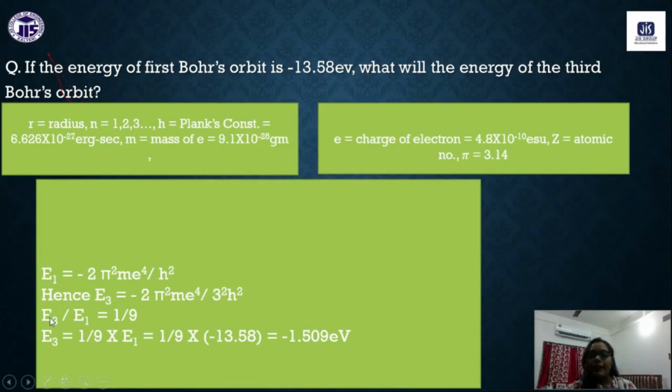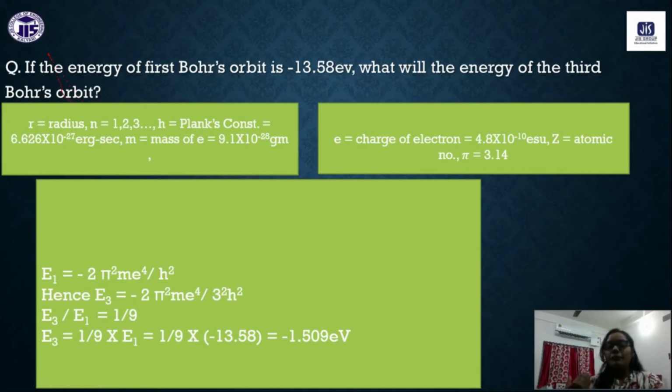E3 means the energy of the orbit 3, and E1 the energy of the first orbit, so E3 by E1 equals 1 by 9. So 1 by 9 into the E1 value we have already derived, that is minus 13.58 electron volt. If we multiply this with 1 by 9, that will give you minus 1.509 electron volt. So this is the energy of the third orbit.